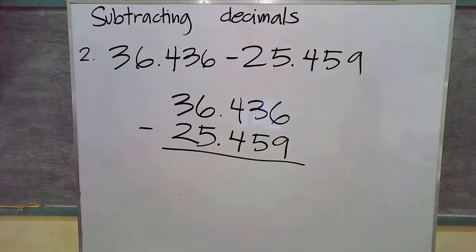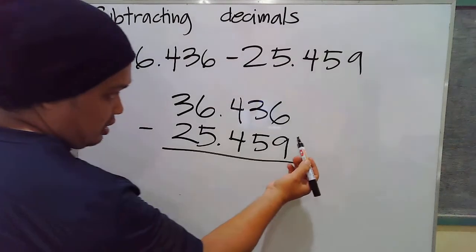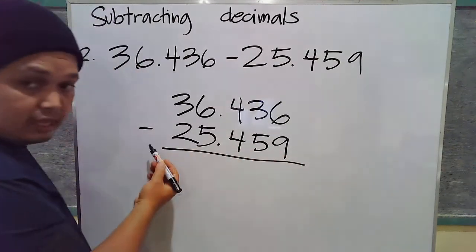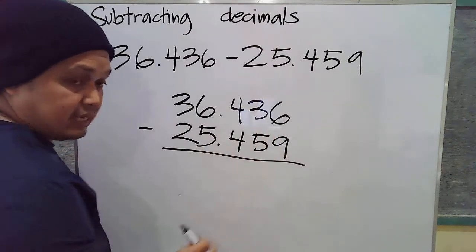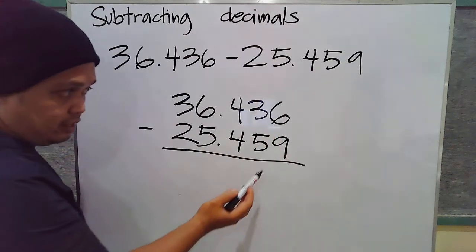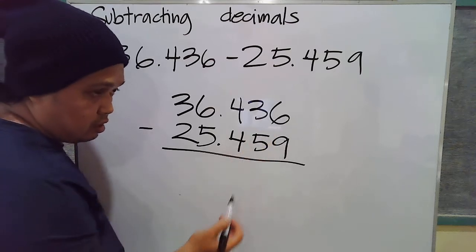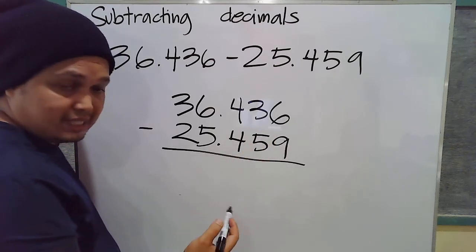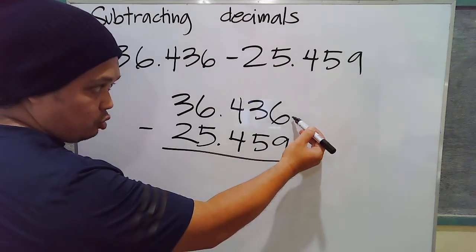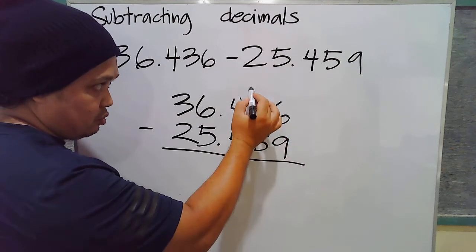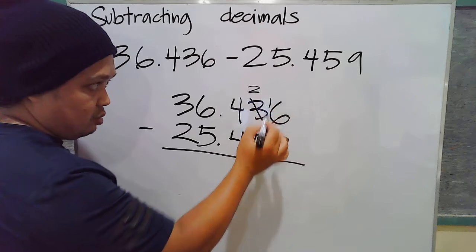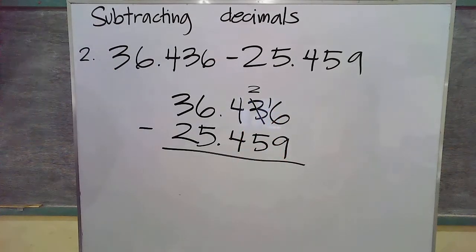So we're going to subtract from right to left, just like whole numbers. So let's start. Now 6 minus 9 cannot be, because 9 here is greater than 6. So 6 is going to borrow 1 from 3. Now 3 here will become 2, and 6 will become 16.